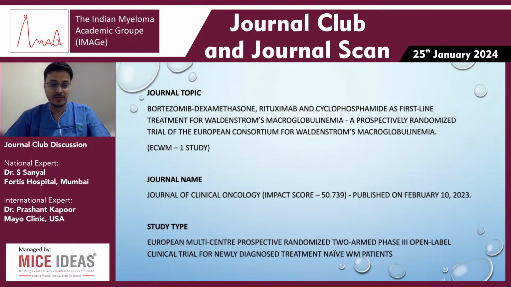It was published in the Journal of Clinical Oncology, JCO, which has a significant impact score, on the 10th of February 2023. The study type is a European multi-centered prospective randomized 2-arm phase 3 open-label clinical trial, which recruited newly diagnosed treatment-naive Waldenstrom patients.